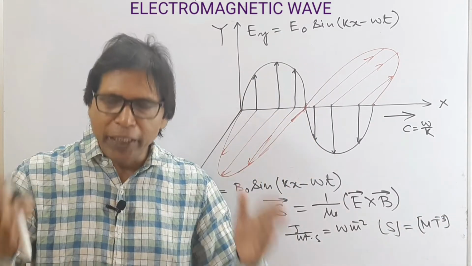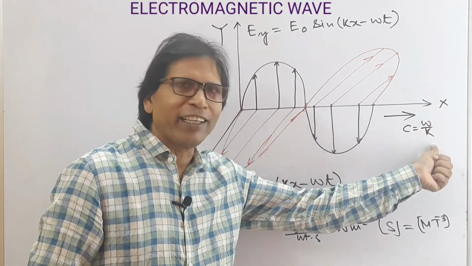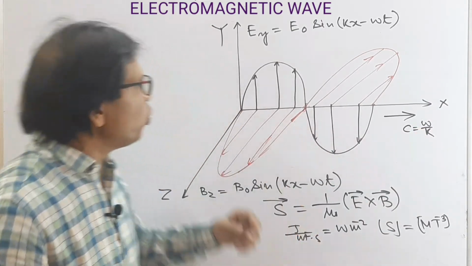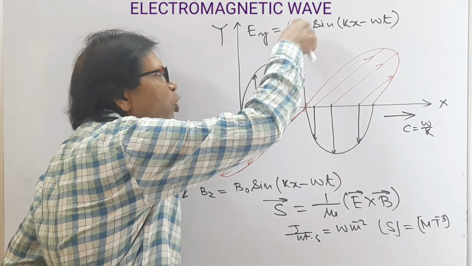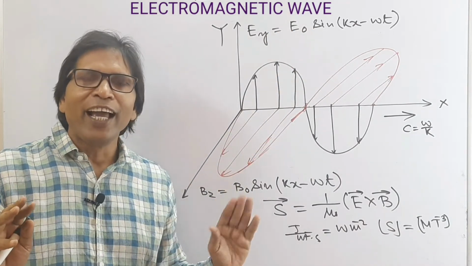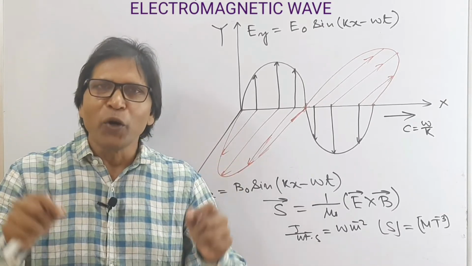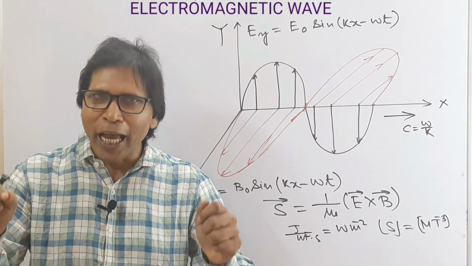Okay, the speed of an EM wave is equal to omega by k, which is equal to the ratio of the amplitude of the electric field and the amplitude of the magnetic field, and it is also equal to 1 by root under mu naught epsilon naught.